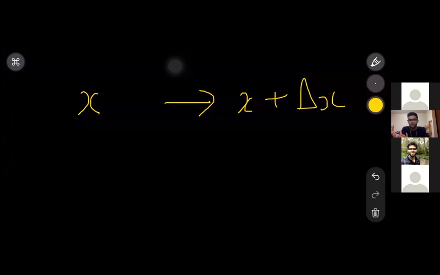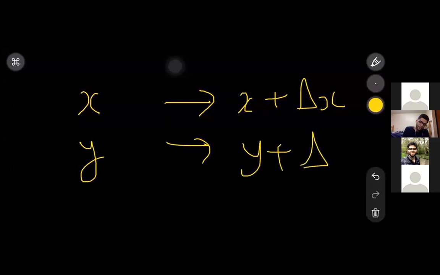Delta x can be positive, it can be negative. It says that x started off as x and then it changed to x plus delta x. And let's say y started off at y and then it went to y plus delta y. Okay, suppose this was the case. What would be our slope?